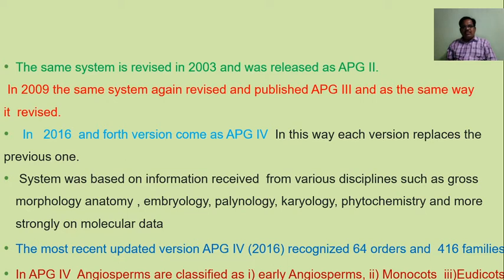What is done in this system? According to this system, various information is collected from various fields. Different scientists are experts in their fields, and they discuss their views and ideas among themselves, and this information is used for the development of a new system.